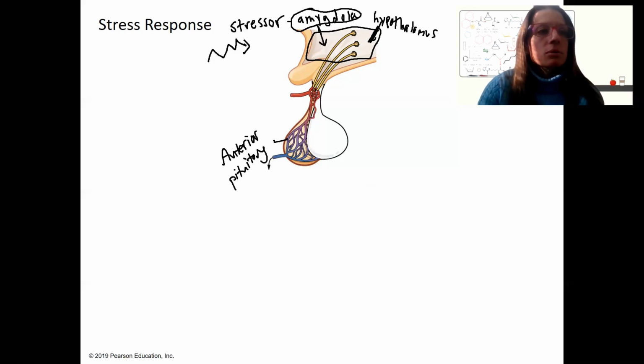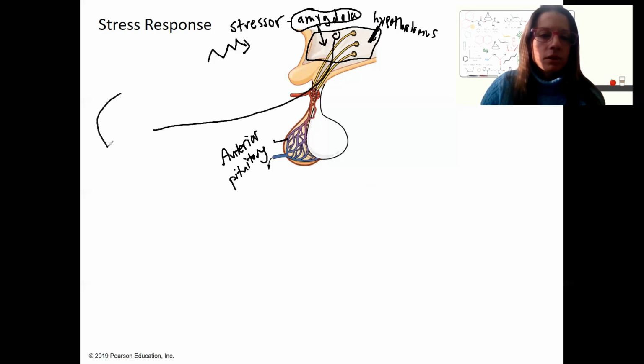There are also going to be neurons that project from the hypothalamus out to the spinal cord. Out meaning down, really, right? The spinal cord is down. Here's our spinal cord. Not my best spinal cord ever, but they can't all be the best ever.